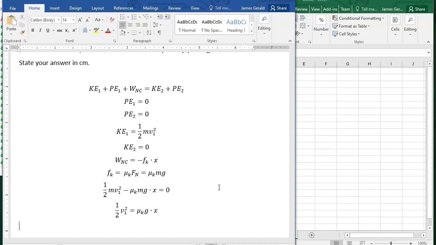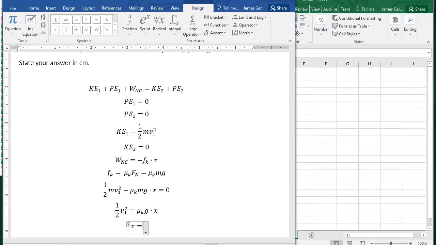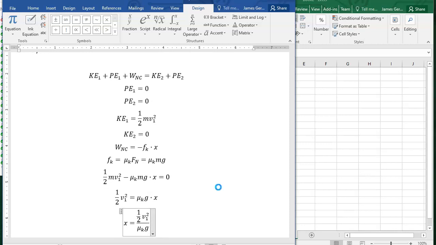So I now have the equation getting close to where we solve it for x. I just have to divide by mu k and g, and I get x is 1/2 of v1 squared divided by mu k g. And we know everything in this equation.